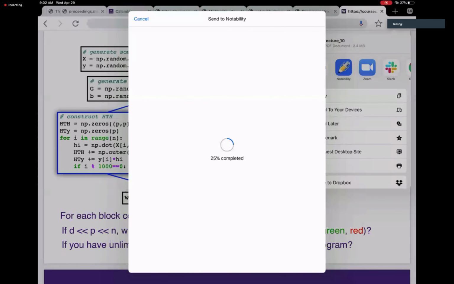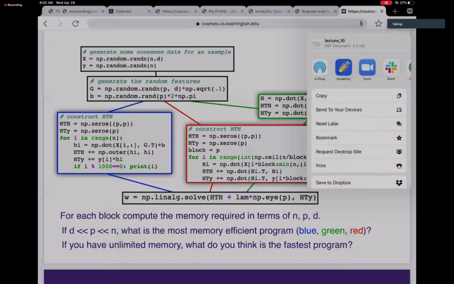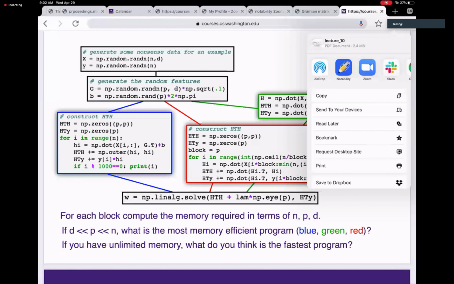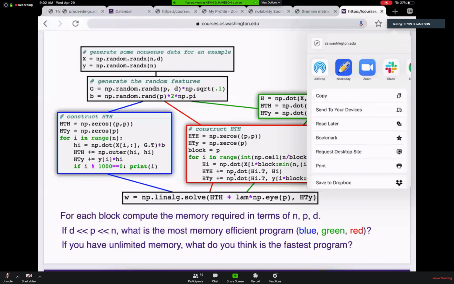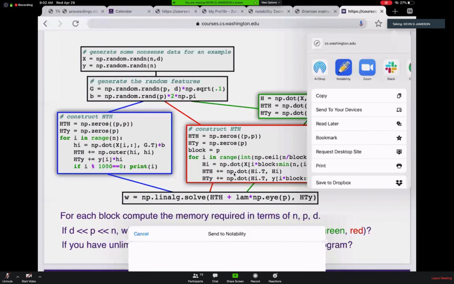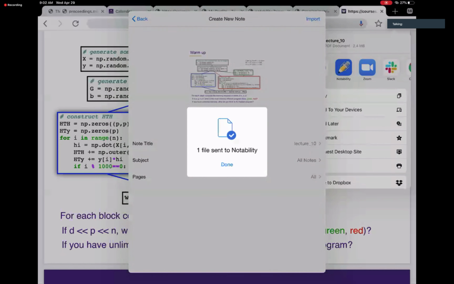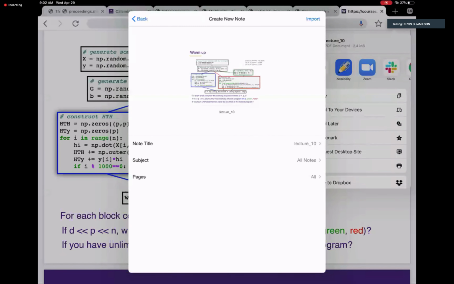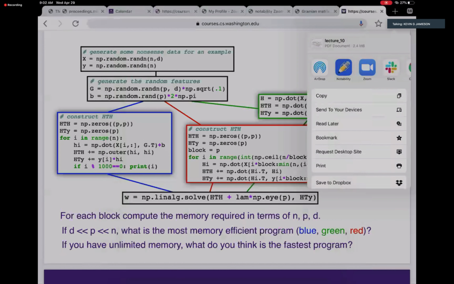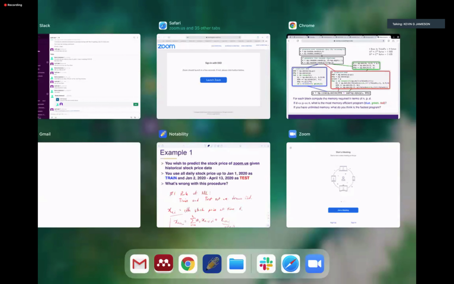Wow, that would be really bad. Sorry, I was having some AirPlay issues in setting up. There we go. Thank God. Sorry, I changed my setup this morning and it was really a bad idea. Okay.